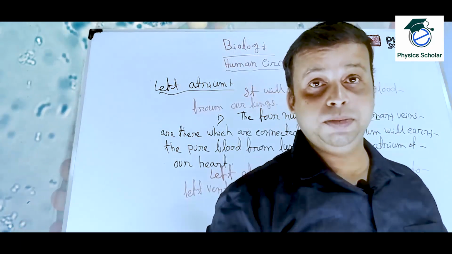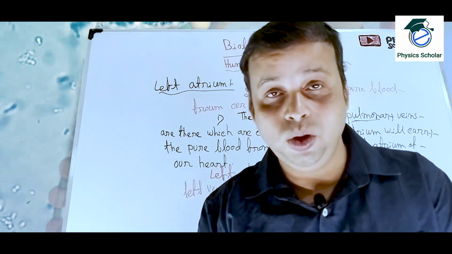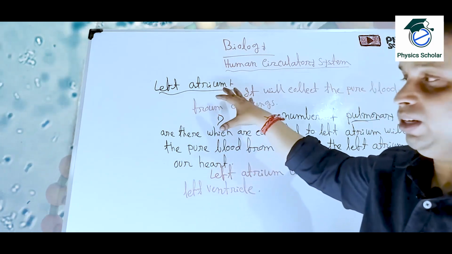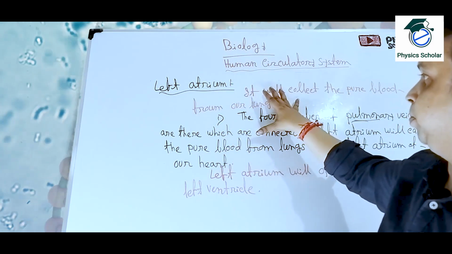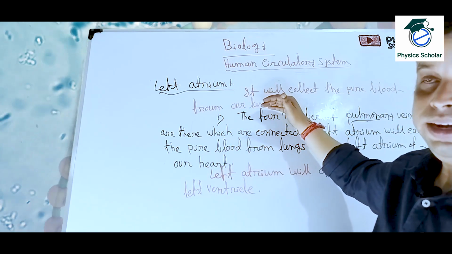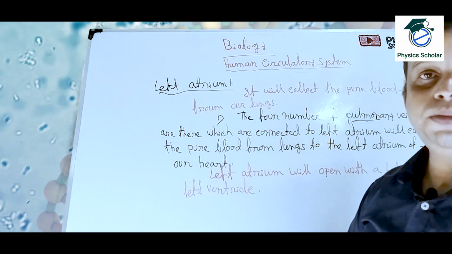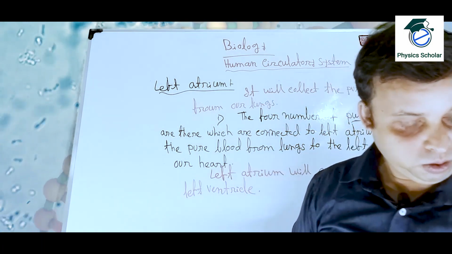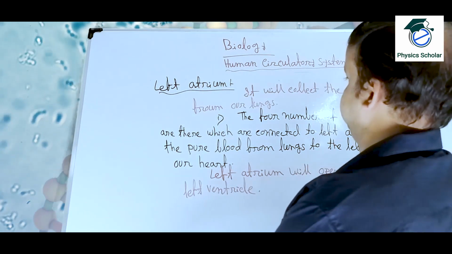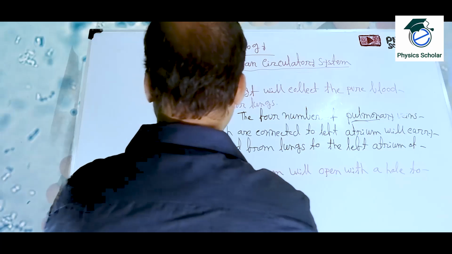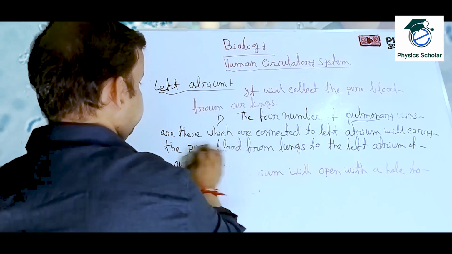Ventricle means, I have not come to that point, the lower chamber of the heart. Clear? So in the left atrium the pure blood will be collected and it will open with the hole of the left ventricle. Clear? And what is there? A valve is there.